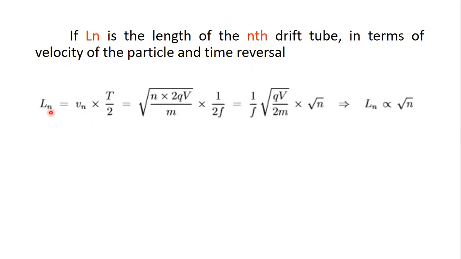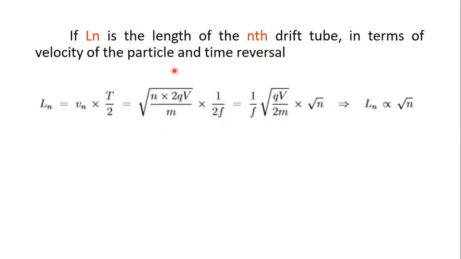In the nth electrode, the velocity is vn and the time is T by 2. Substitute the expression for vn, and the time period can be written as 1 over f. Rearrange the things, put all the constants together, and here the only variable is n, which represents the electrode number.